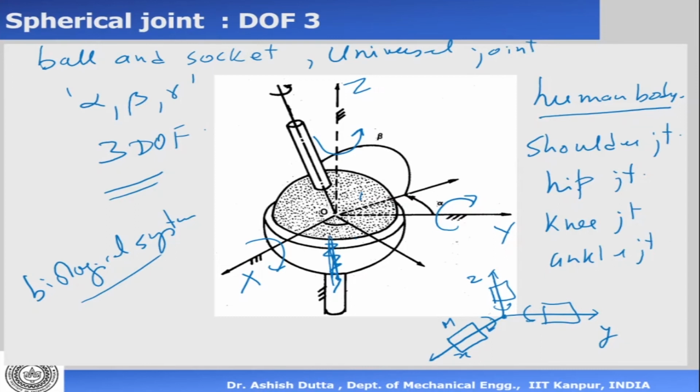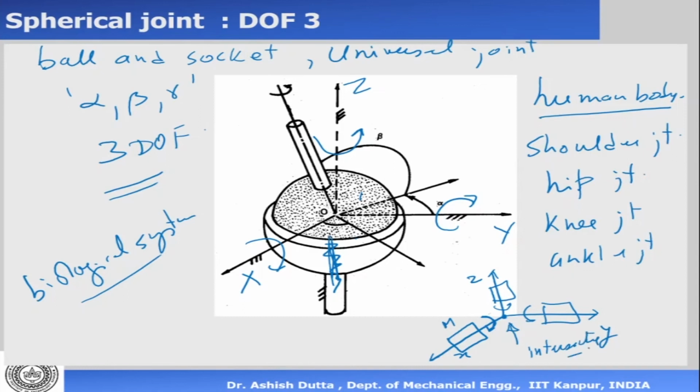If this motor rotates like this, what will happen? It will tend to rotate the other motors also because they are all meeting at that point. So one will start interacting with the other, and hence the control of this is not possible. We can make it, but controlling this using motors is exceptionally difficult because the motors are all intersecting there.